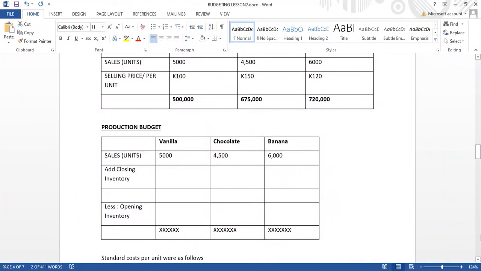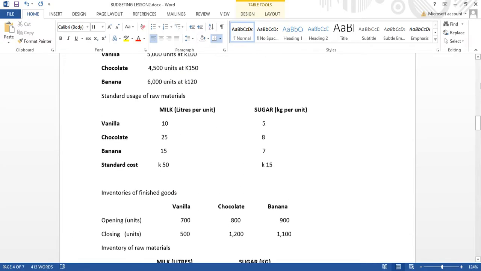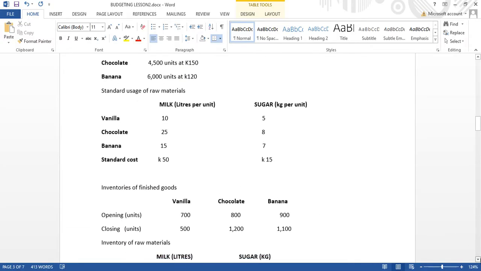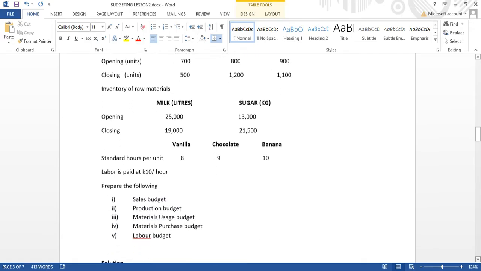You need extra closing inventory because, for example, if you sell all these 5,000 units of vanilla, then another order comes in for vanilla, you won't have any. So you need to have extra units, right? So for vanilla, 500 units closing inventory, chocolate 1,200 units, and banana, was that 1,100 units? Yes, 1,100 units.